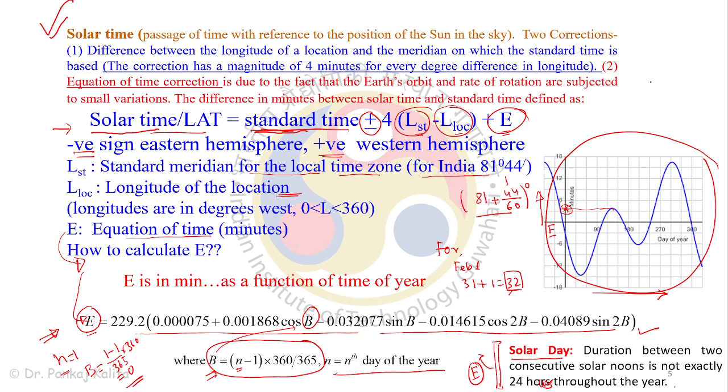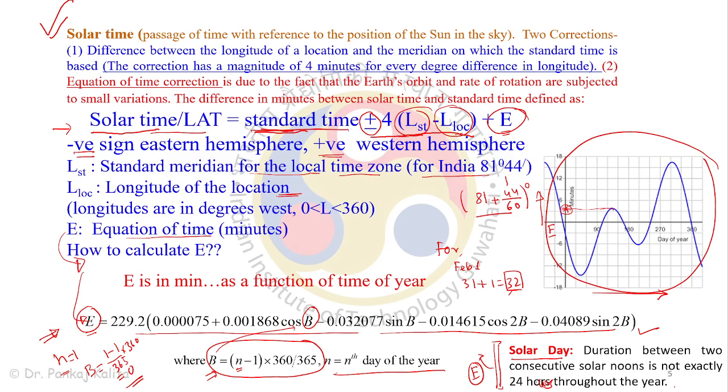Though the standard time is the same, the solar time will be different at both of these locations. That is incorporated by this term. For each 1 degree change in the meridian, 4 minutes is added or subtracted from the standard time. Whether it will be added or subtracted depends on which hemisphere we are talking about. If you go to the eastern hemisphere it will be negative, and if you go to the western hemisphere then it will be positive.